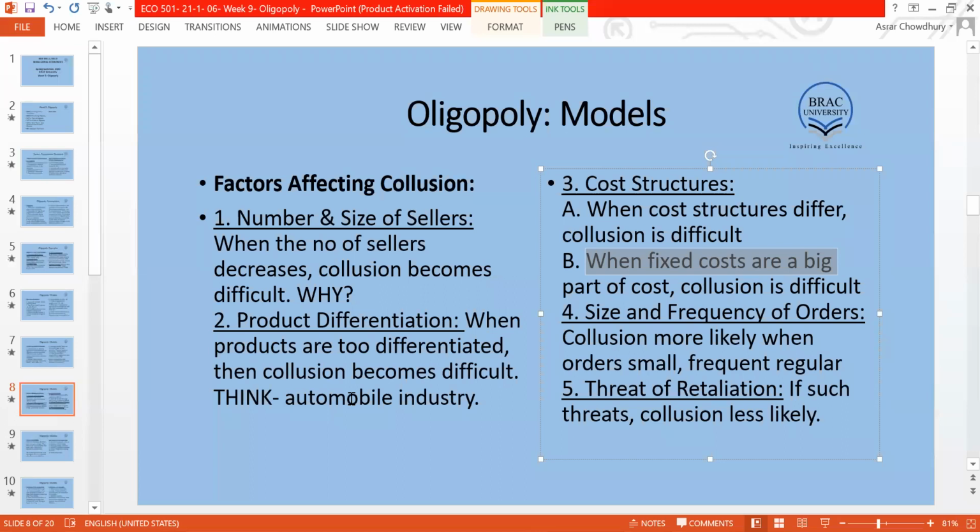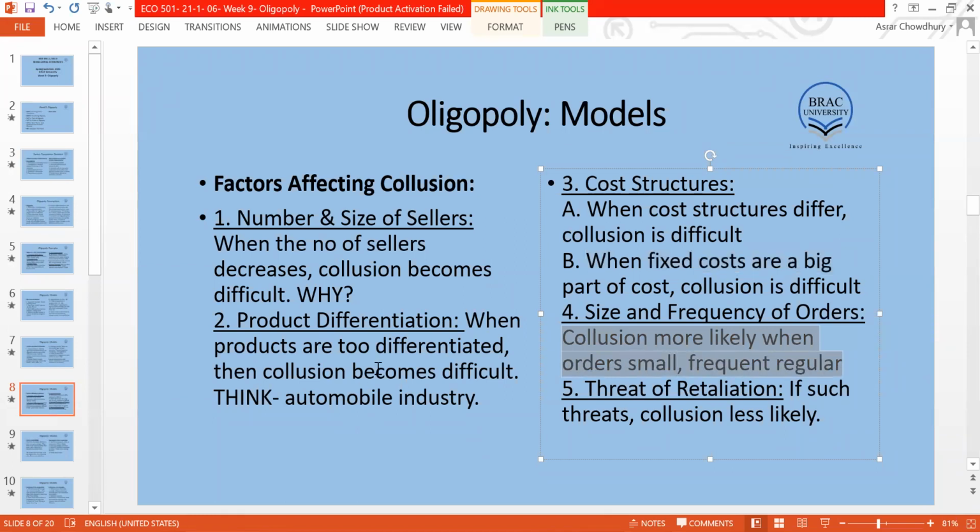Electricity producing firms. Lots of electricity is now being produced by the private sector, isn't it? Do you know? Yes, sir. So some firms' fixed cost is very high when they operate on a big scale. Some firms' fixed cost is low when they operate on a lower scale. So if the fixed cost is very high, the firms don't have an incentive to collude.